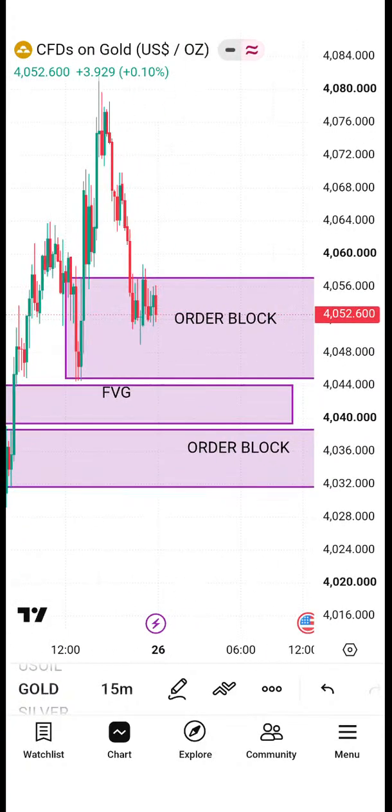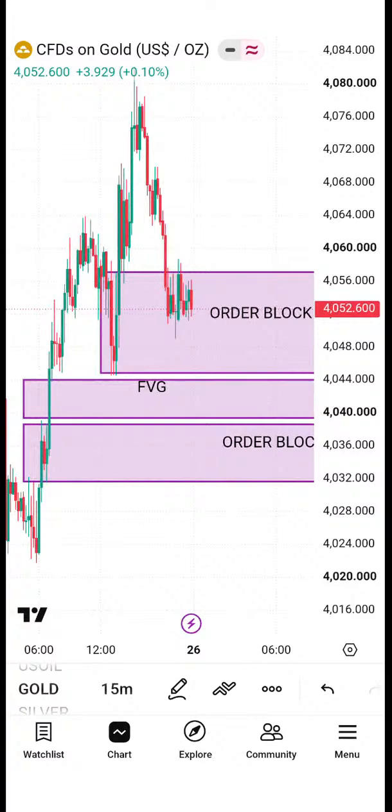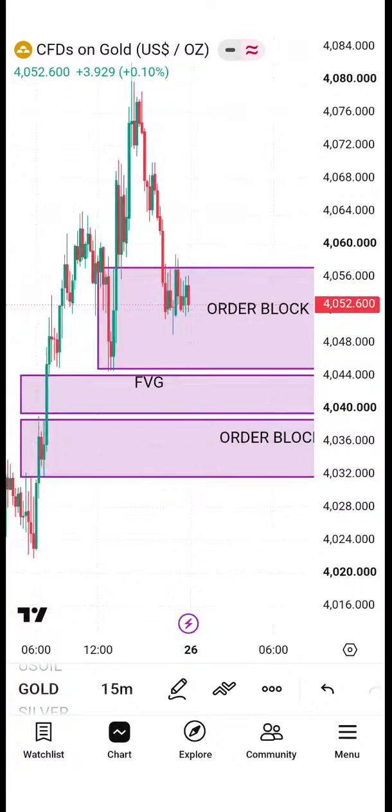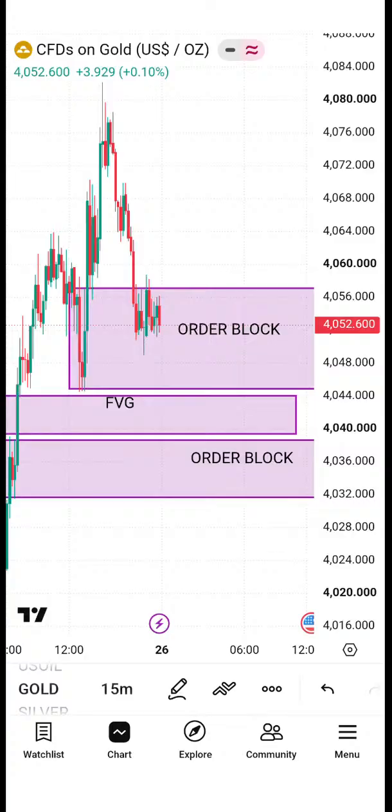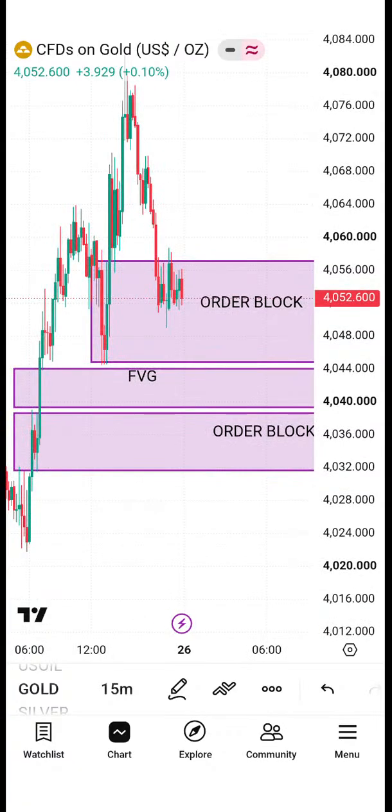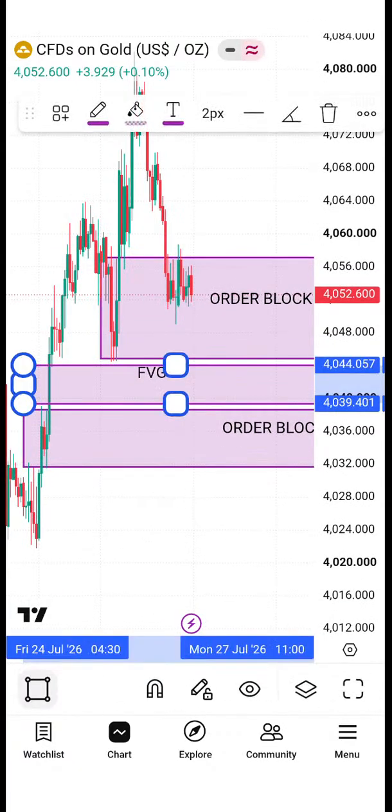These are the 3 areas that I will be monitoring, looking at what gold is doing, and I'll use my confirmation strategy to execute when gold aligns with my confirmation strategy around these areas.